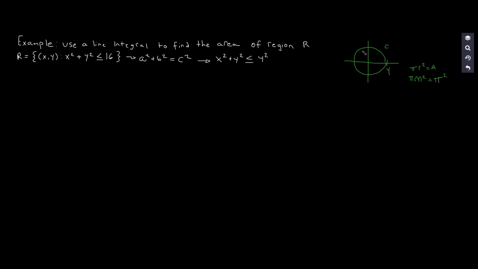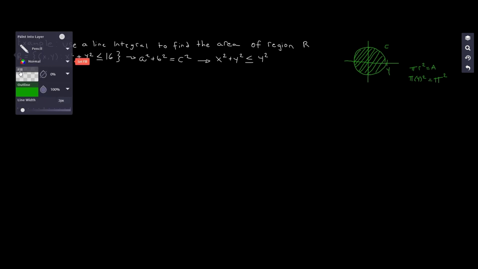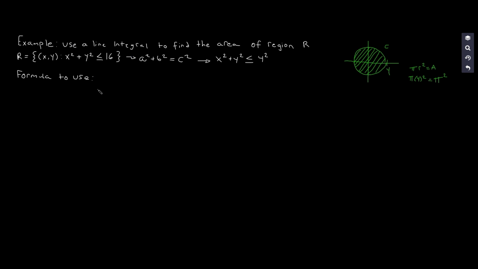And this whole thing is what we're looking for, so I just shaded this entire circle here. It's that whole region. So the formula to use here can be written as follows.